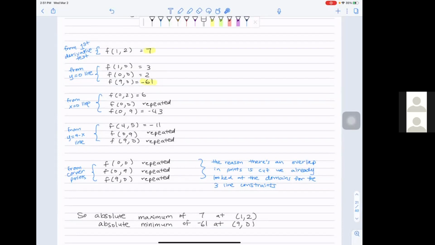It's kind of like in single variable calculus, if we had from -1 to 1 of x squared, so f of x equals x squared, we find the derivative, which is 2x, set it equal to 0, and get x equals 0 as a critical point.